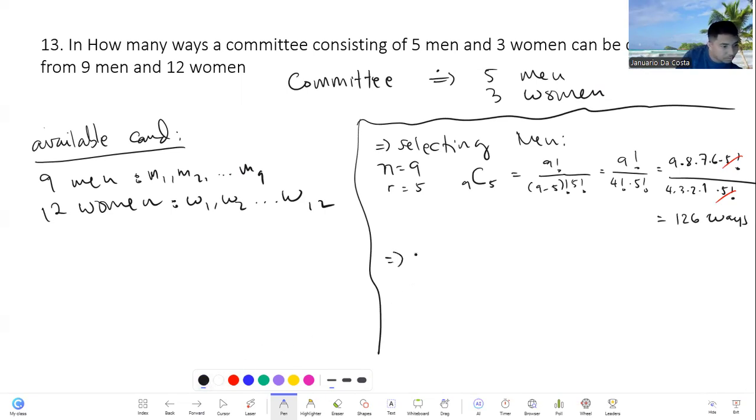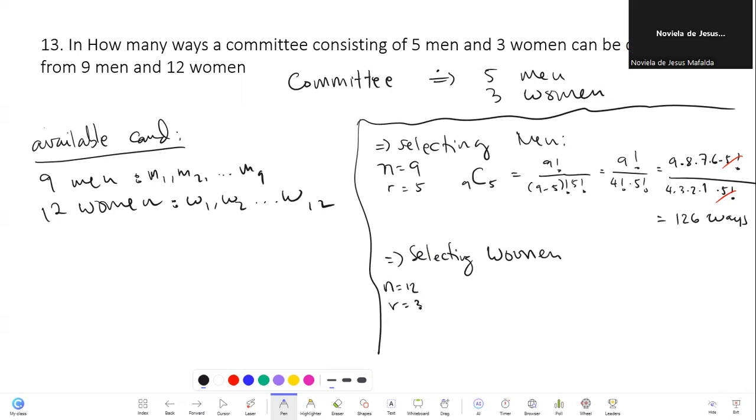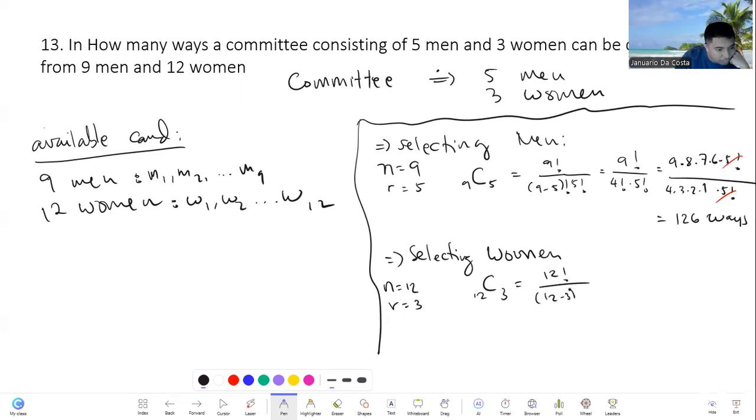And now you go to selecting women. Your N is equal to 12, your R is equal to 3. So C of 12 and 3 is 12 factorial over (12 minus 3) factorial times 3 factorial, which is 12 factorial over 9 factorial times 3 factorial. You have 12 times 11 times 10 times 9 factorial over 9 factorial times 3 times 2 times 1.